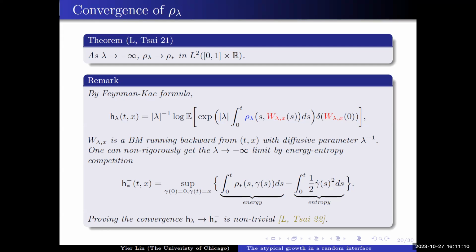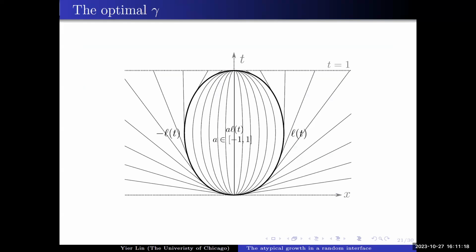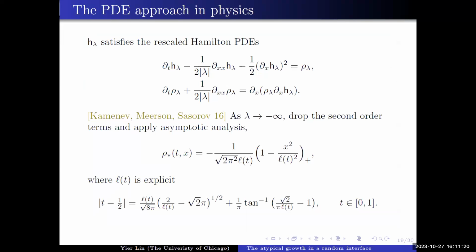This tells you what the limit of this H lambda looks like, because H lambda and rho lambda are linked by this PDE. So if I understand the limit of rho lambda, I should be able to understand H lambda.